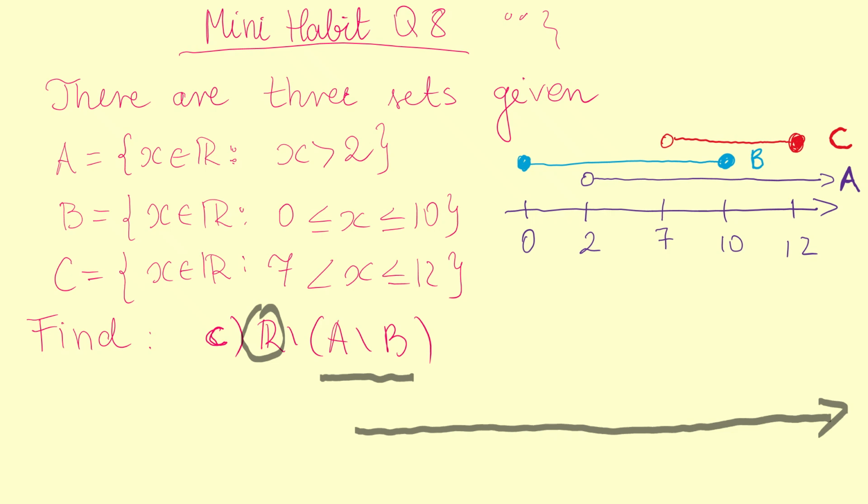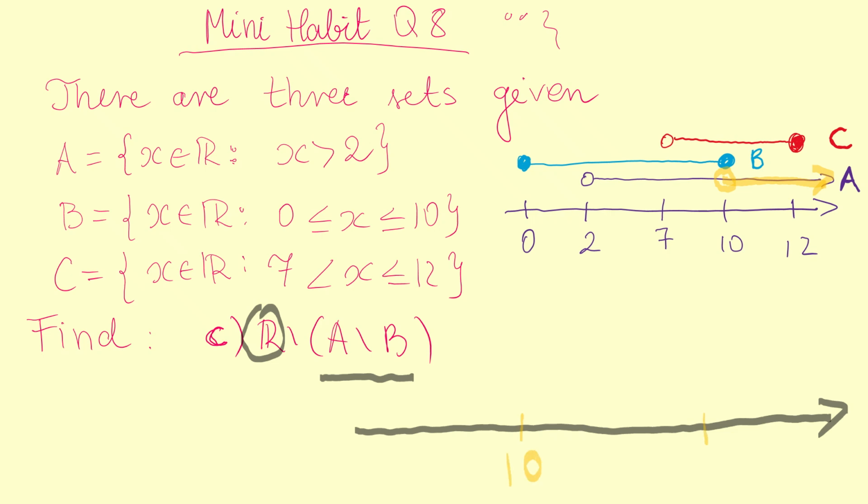I'm going to highlight. If I take A minus B, this will be this part left. And because I need to take away B, I need to open this bit.